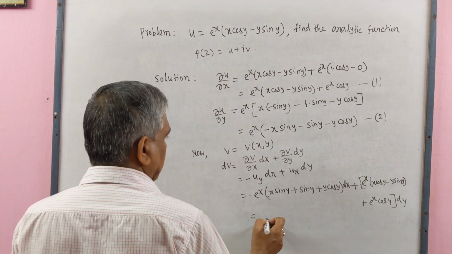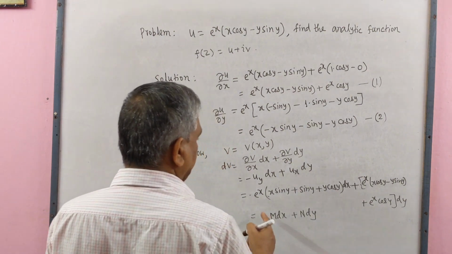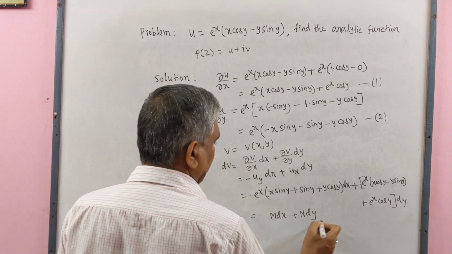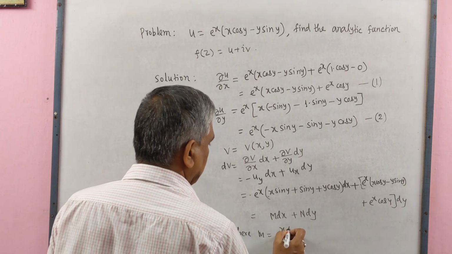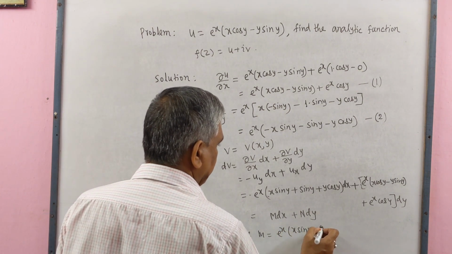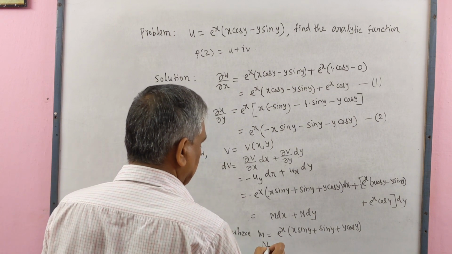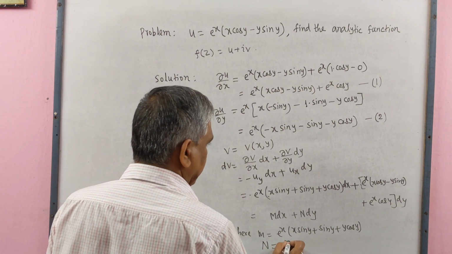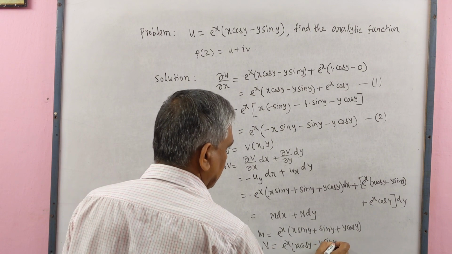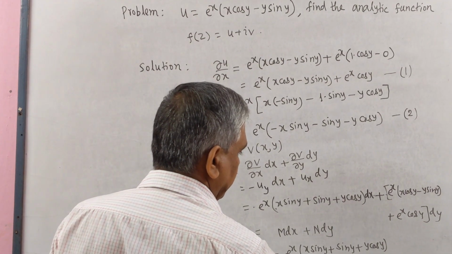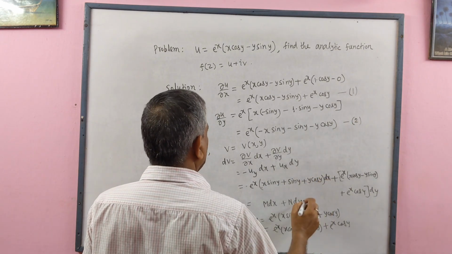This is M dx plus N dy, where M equals e^x (x sin y plus sin y plus y cos y), and N equals e^x (x cos y minus y sin y) plus e^x cos y. This is number 1, 2, and this is 3.